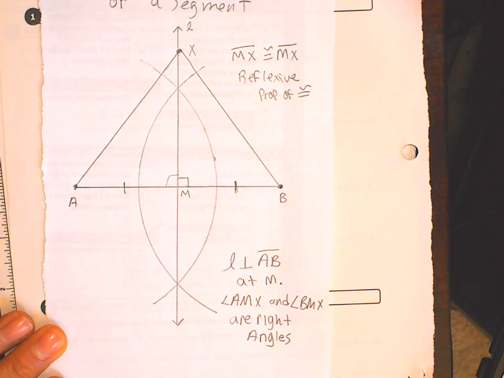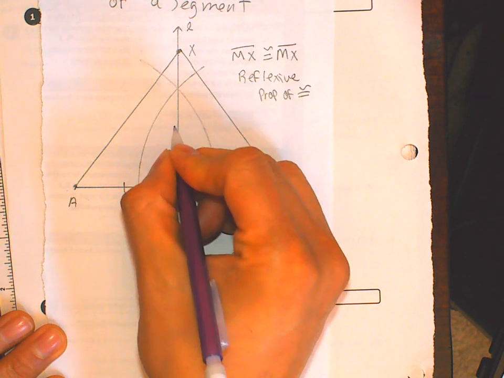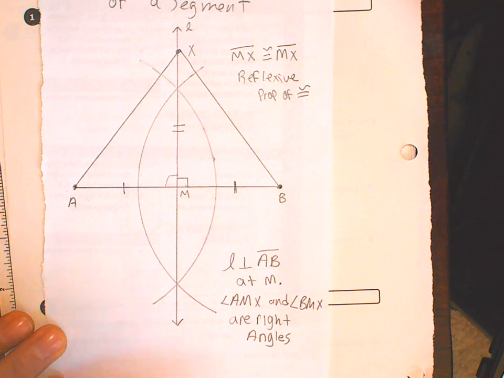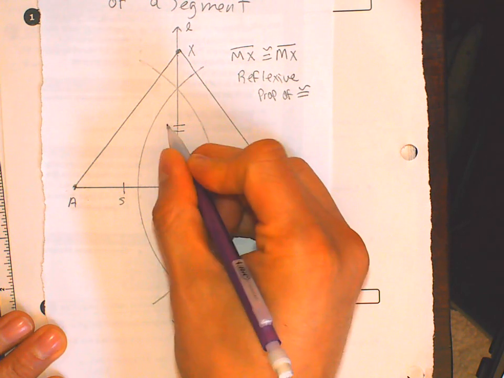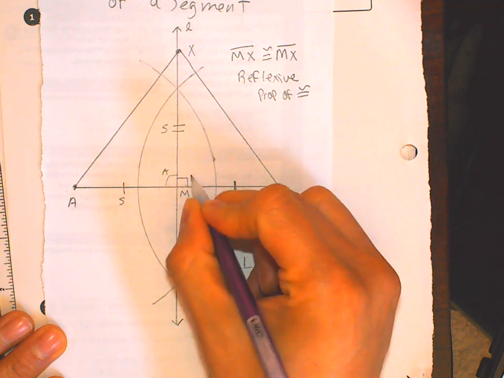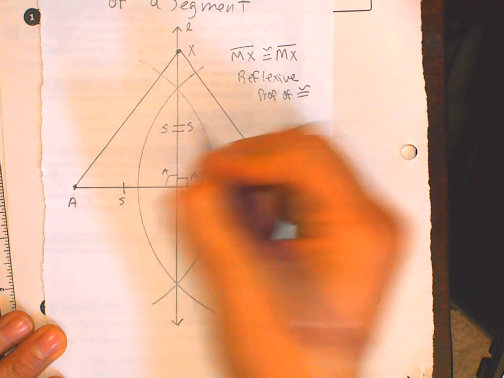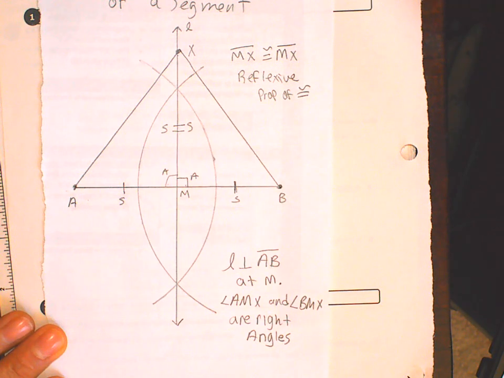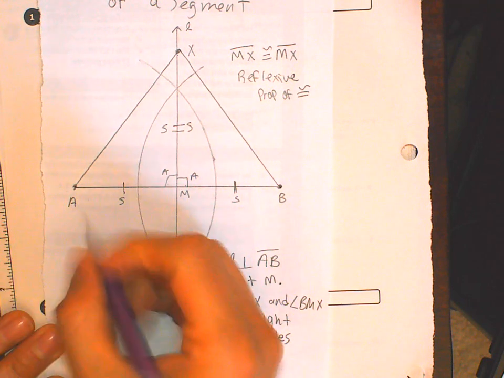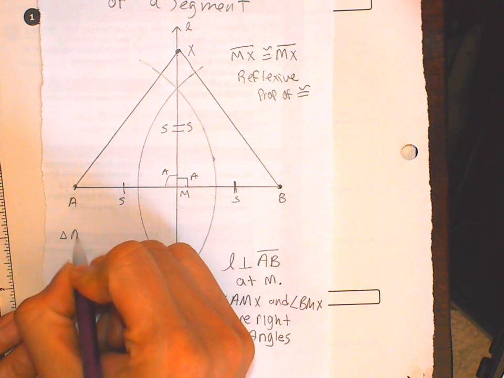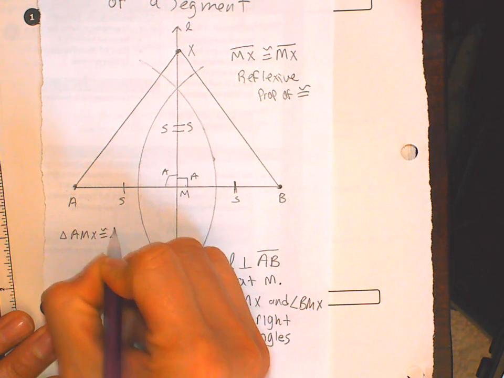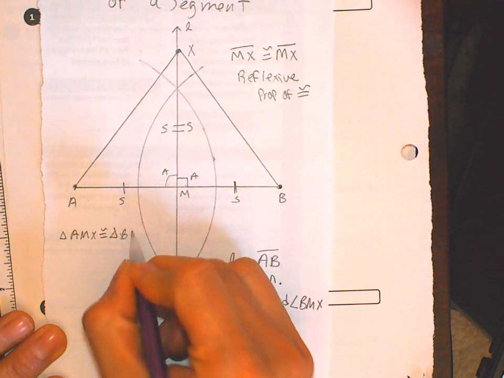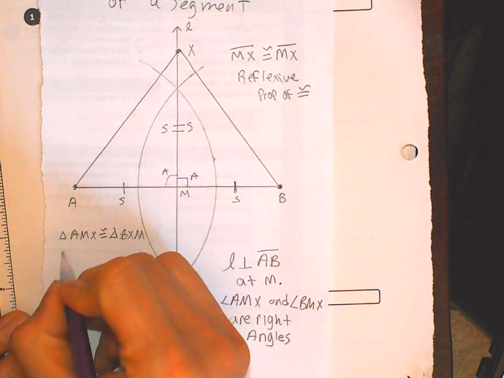So what is that going to tell me? Well, you have side angle side, side angle side, and therefore the two triangles are going to be congruent. So you have triangle AMX congruent to triangle BMX by side angle side.